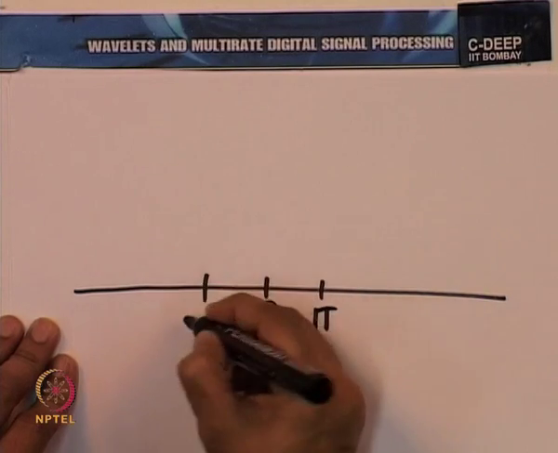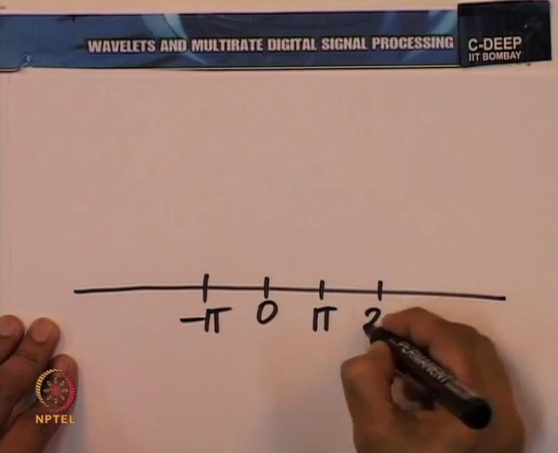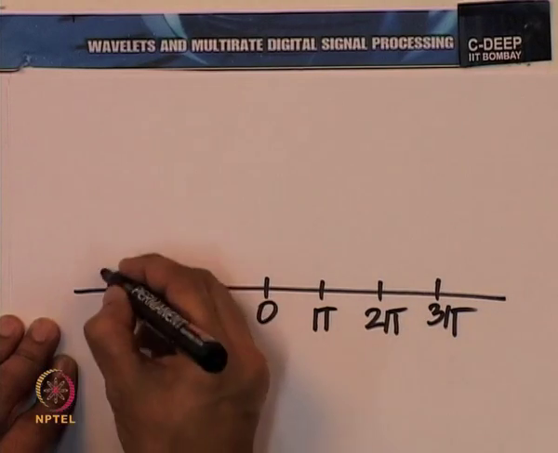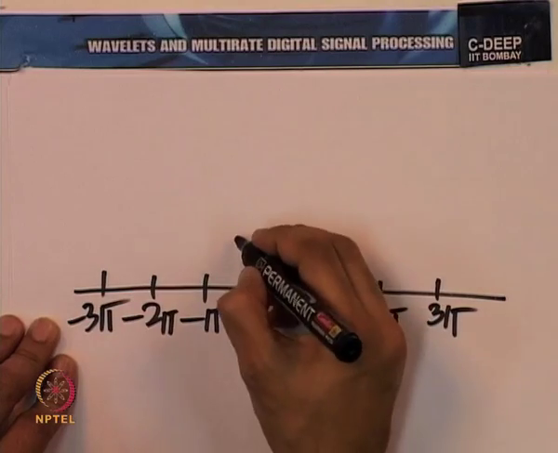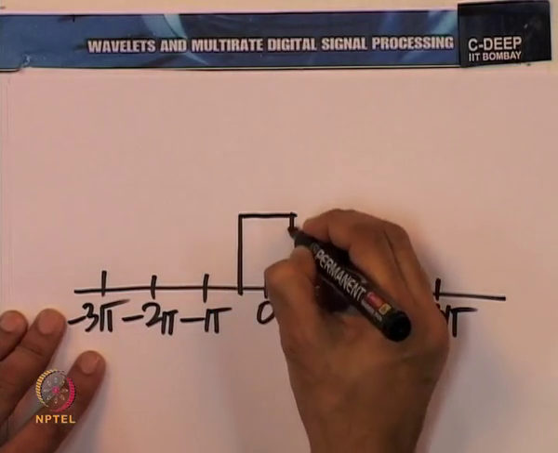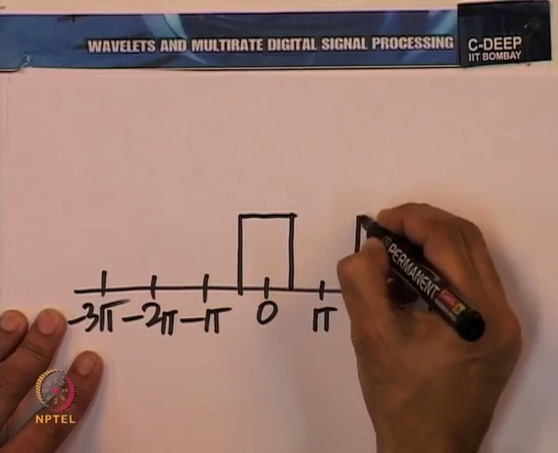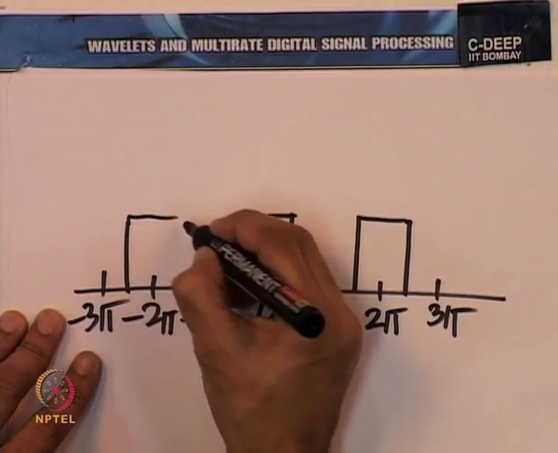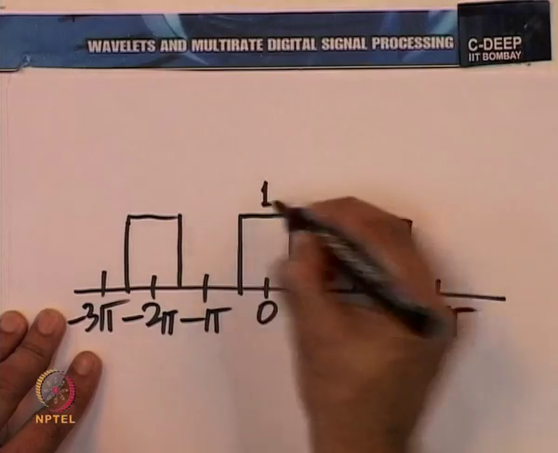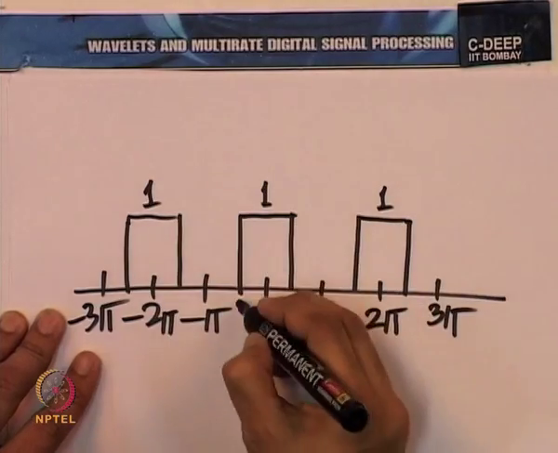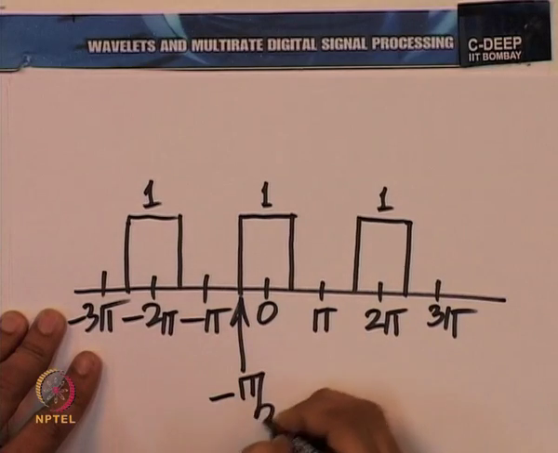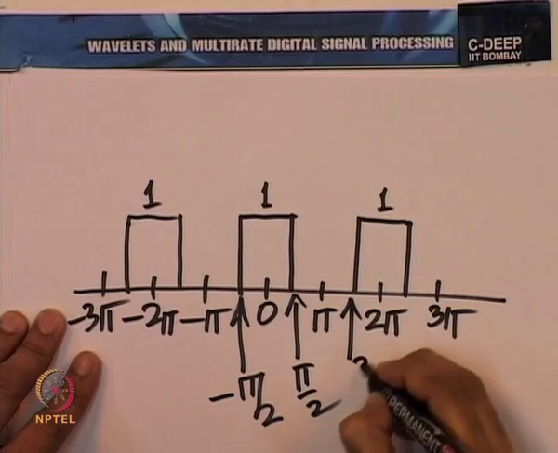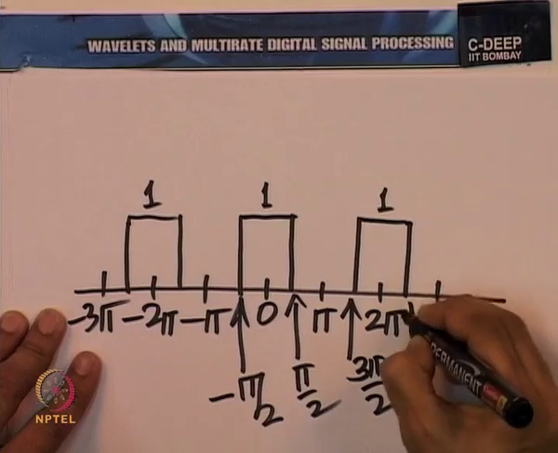So, I have pi, minus pi there, 2 pi, 3 pi and so on. This is what H 0 looks like, taking note of the periodicity, remember. This is minus pi by 2 there, this is pi by 2, this would therefore be 3 pi by 2 and so on.